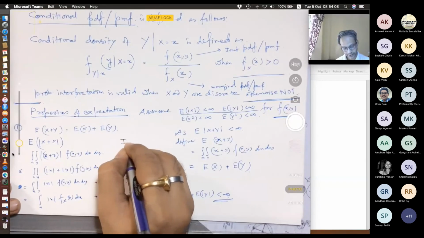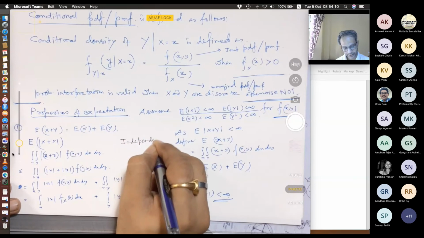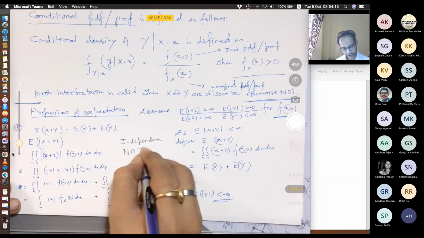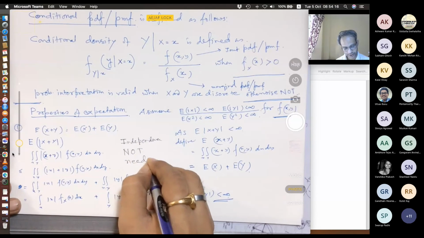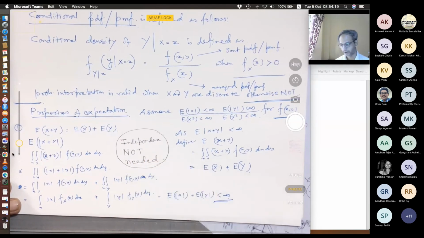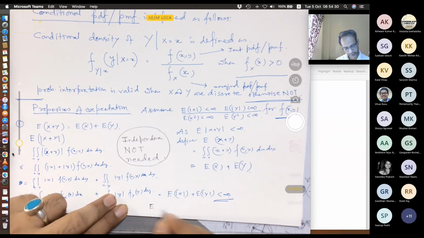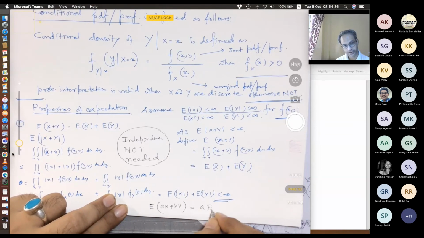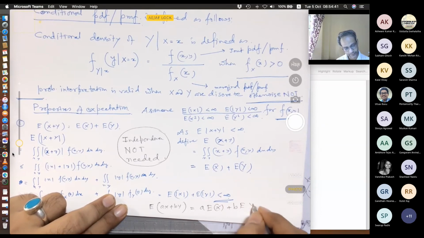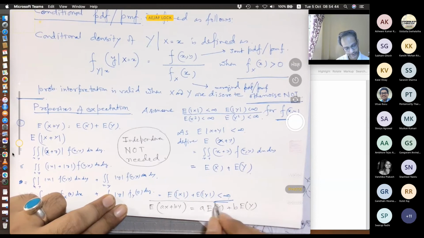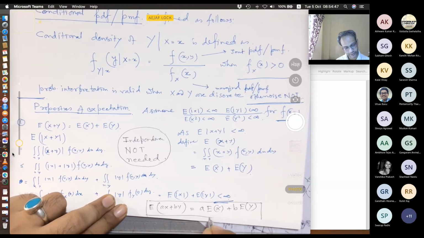Independence not needed. Whether they are dependent variables or independent variables X and Y, it doesn't matter, this result will hold. And in general this will hold: expectation of aX+bY equals a times expectation of X plus b times expectation of Y. So in general this will always hold.